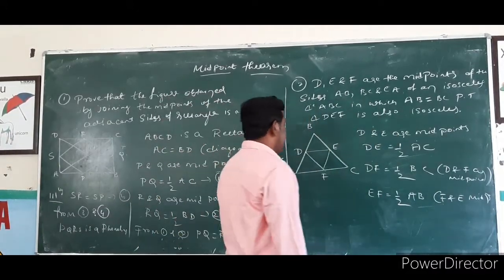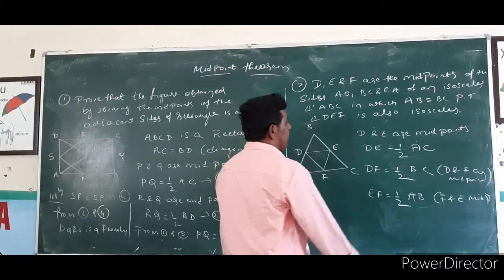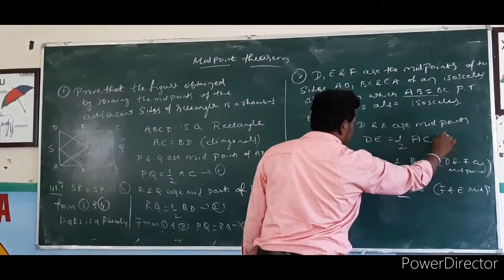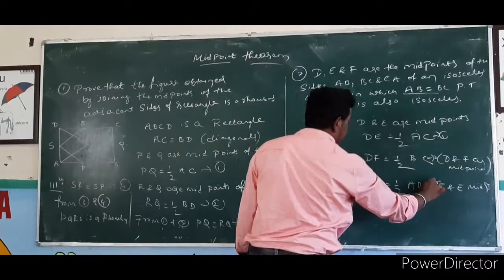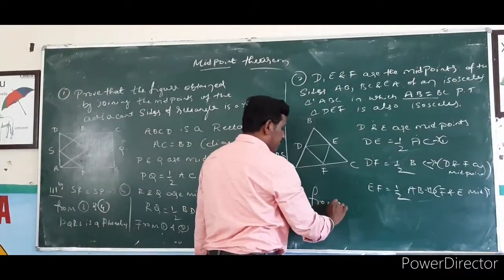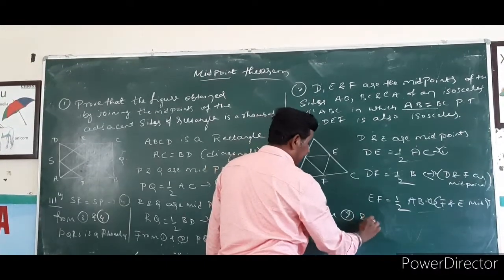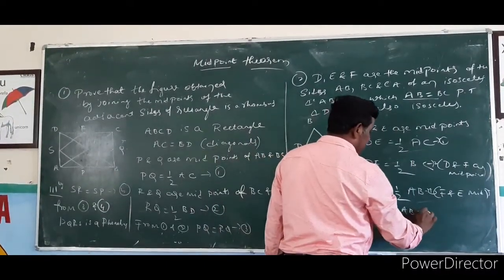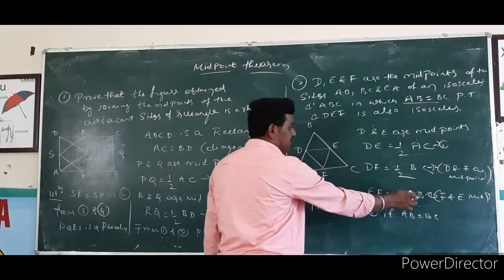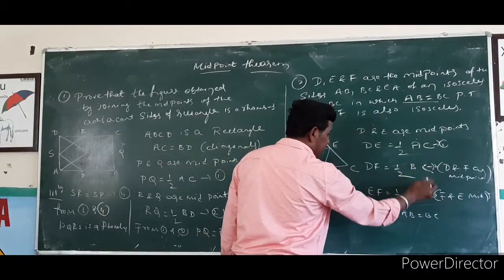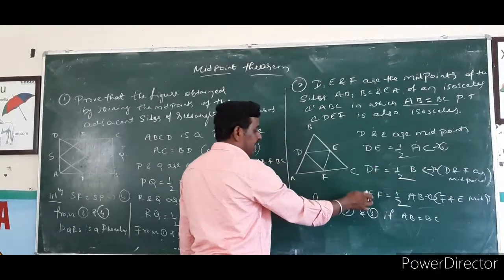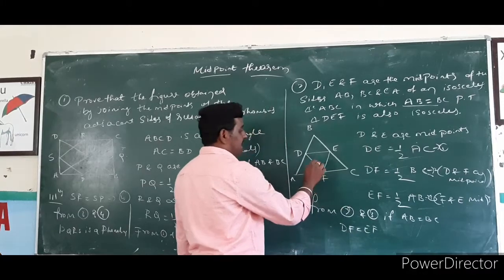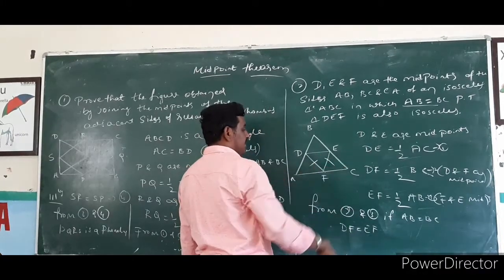Here it is given AB is equal to BC. So these are equations number 1, 2, 3. From 2 and 3, since AB is equal to BC, these two are equal, so automatically DF is equal to EF.